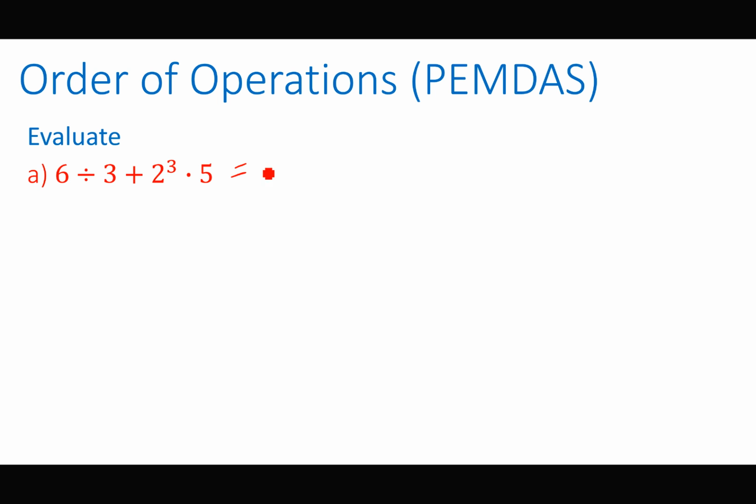Okay, this does equal 42. So really we have 6 divided by 3 plus 2 cubed, which is 8 times 5. There's no parentheses to worry about. We've taken care of the exponents. Our next step is multiplication, so I'm only going to focus on these two.